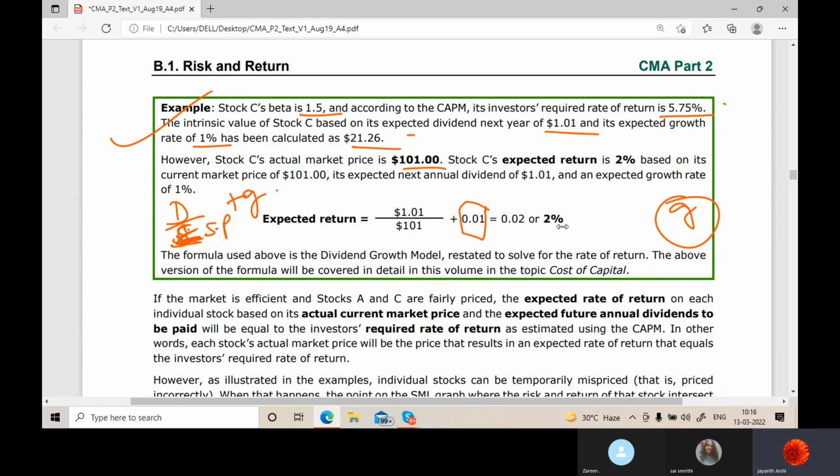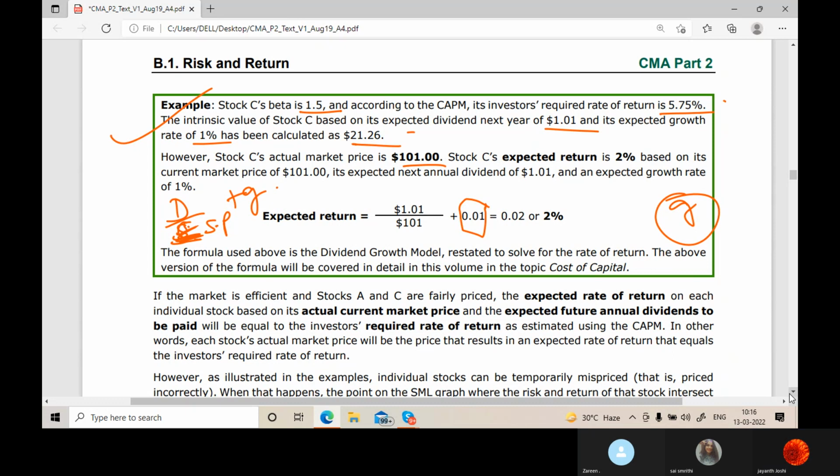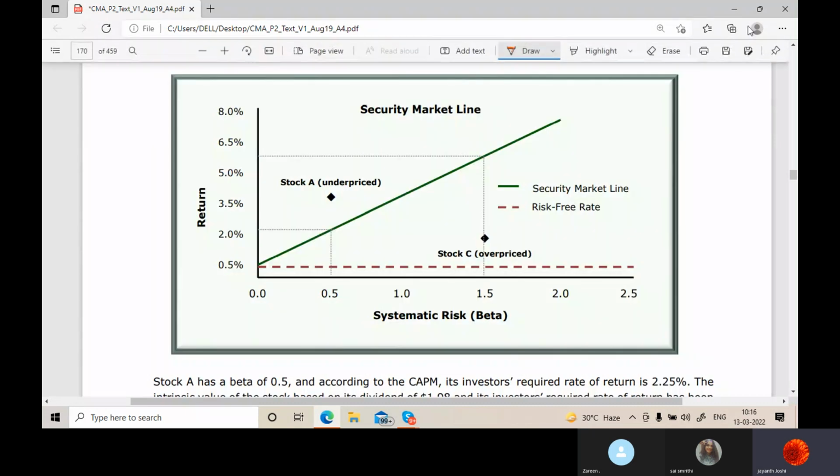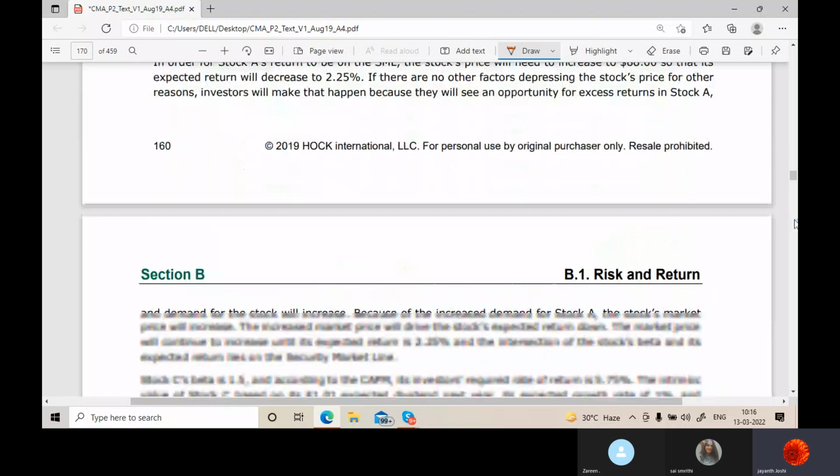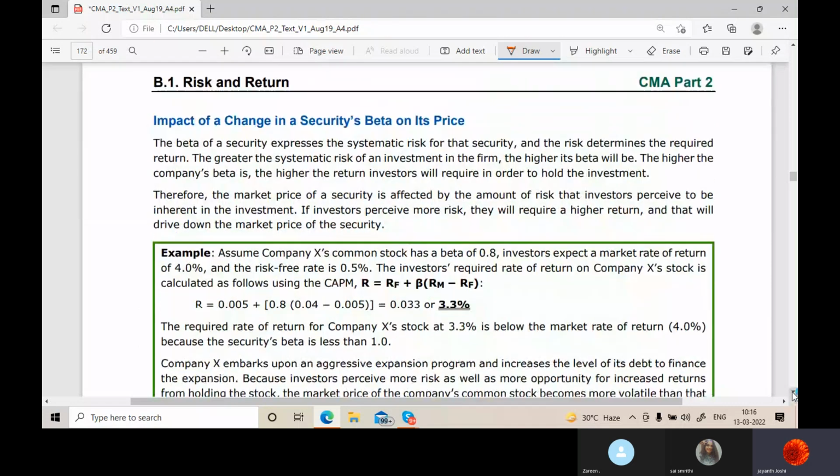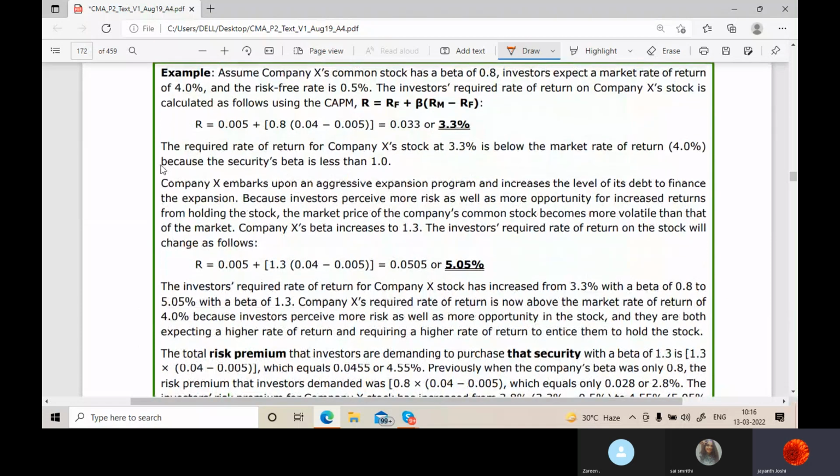Okay, now as we have already discussed the CAPM equation, can you do this CAPM question?